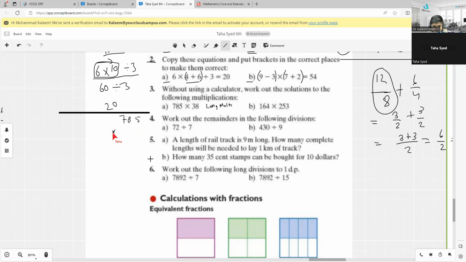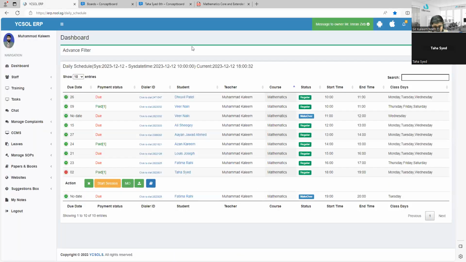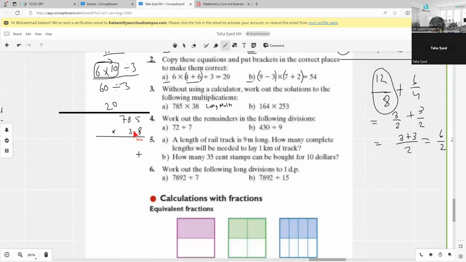times 38. 8 eights are, what's 8 eights? 80 minus 16, that is 76.